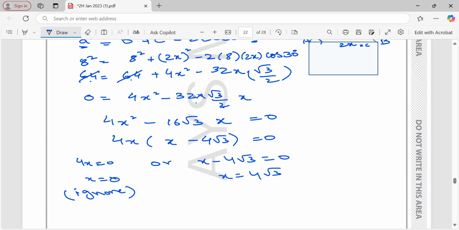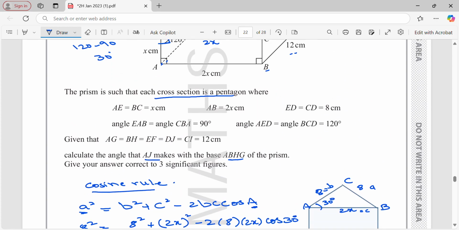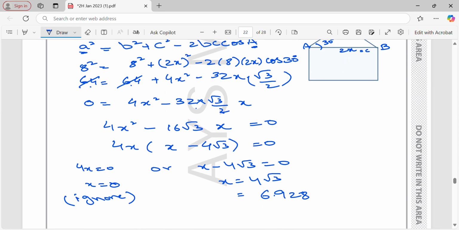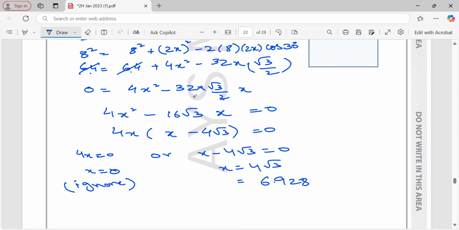Definitely x is 4 root 3, and in decimal that is 6.928. My x is the length AE, so AE is 6.928.